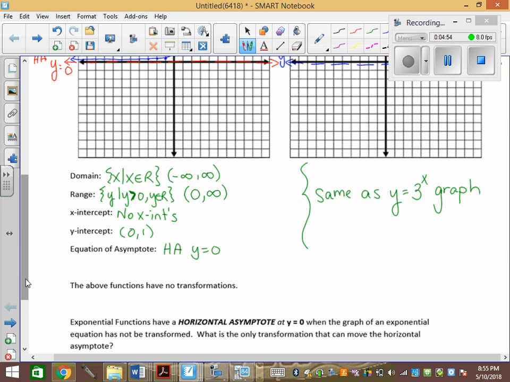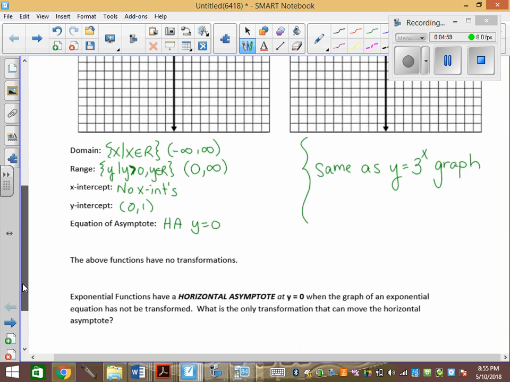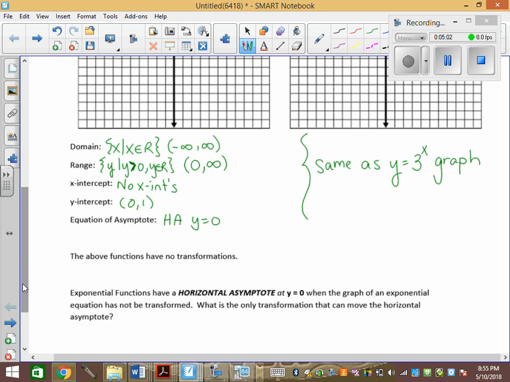So the above functions have no transformations. Exponential functions have a horizontal asymptote at y equals 0 when the graph of an exponential equation has not been transformed. So if it's just a base function, it's at y equals 0. Of the transformations, like vertical stretch, horizontal stretch, vertical translation, horizontal translation, reflections, which of those can move the horizontal asymptote?